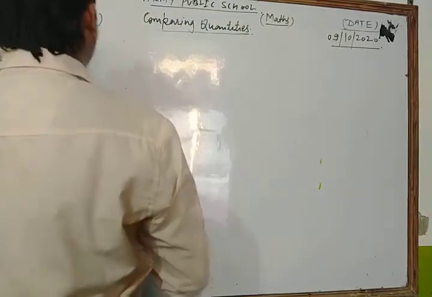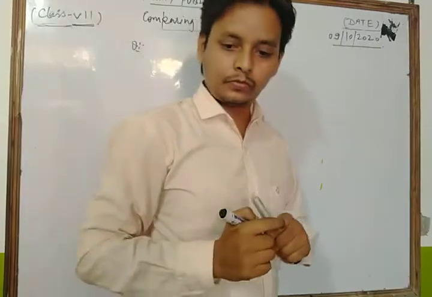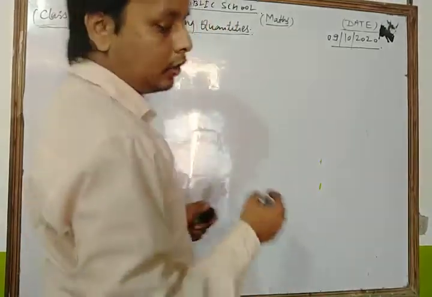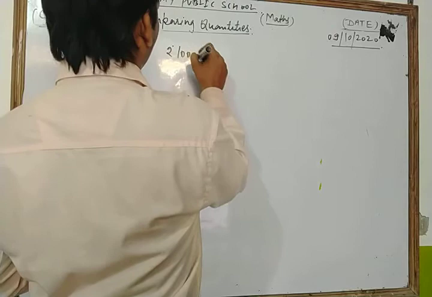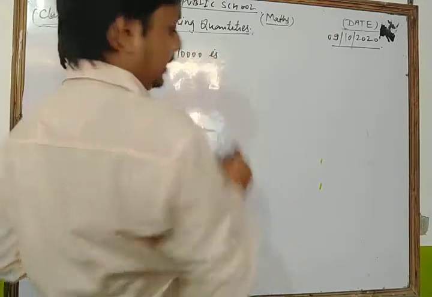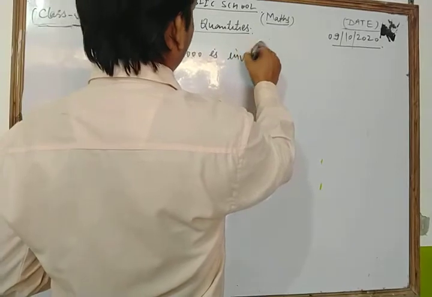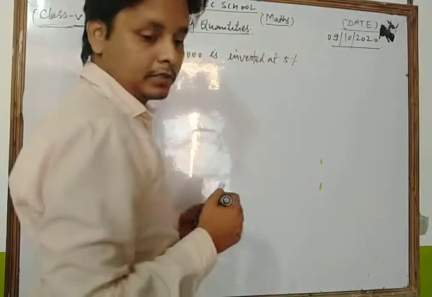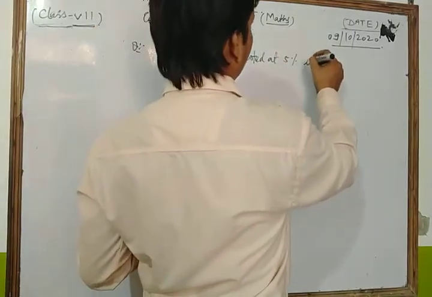Now we take some questions based on this topic. Your question is: rupees 10,000 is invested at 5% interest rate per annum.